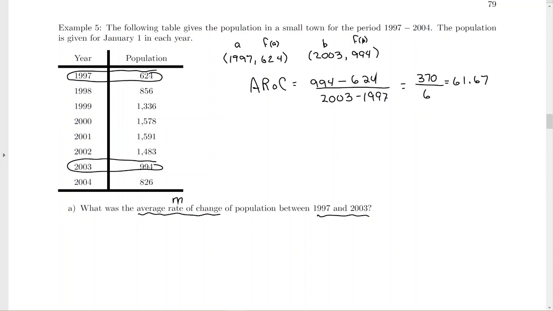If you're going to round to the nearest person, we'd be looking at about 62 people. And it's people on top, years on the bottom, so people per year. That's our average rate of change. Okay.